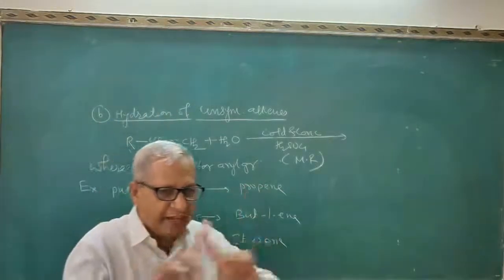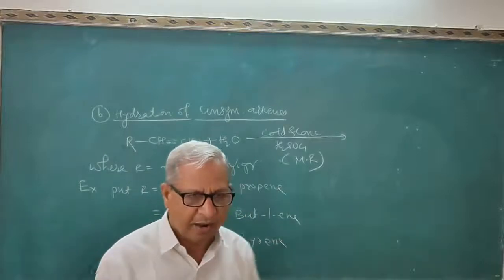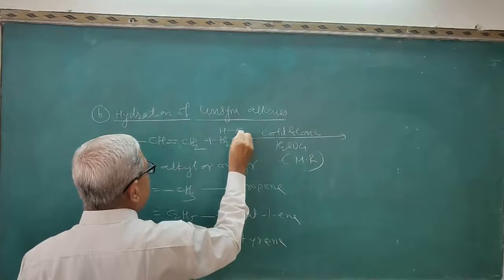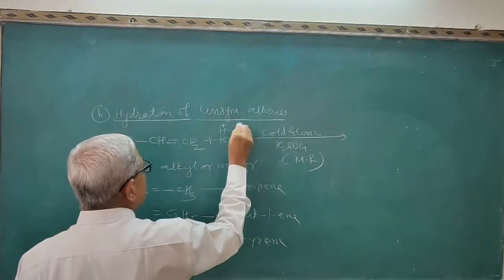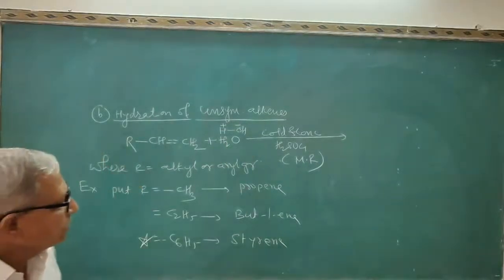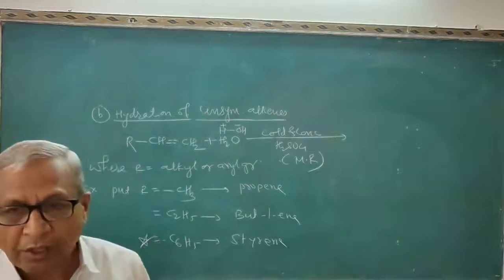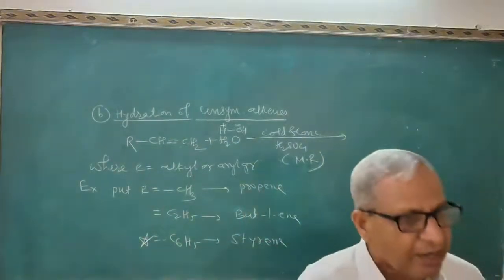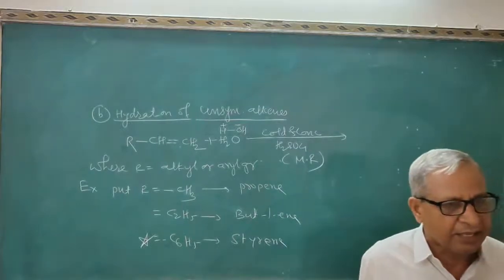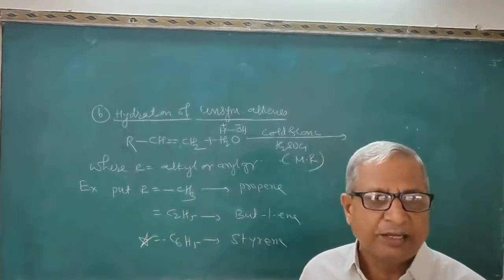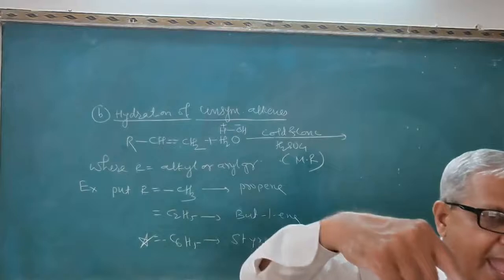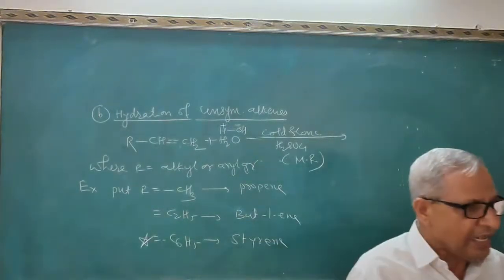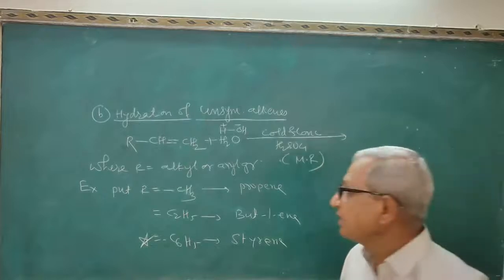It is not divided into two equal parts. Therefore, H2O can also be written as HOH, the positive part and the negative part. And you know the statement of Markovnikov rule: when an unsymmetrical reagent is added to an unsymmetrical alkene, the negative part of the reagent gets attached to the carbon atom which carries fewer hydrogen atoms.